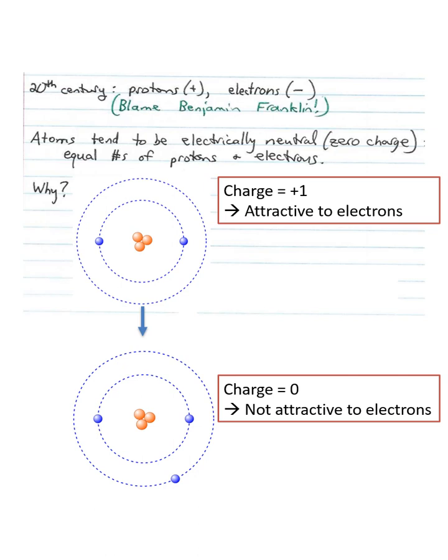So the amber, which Benjamin Franklin thought was deficient in electric fluid, what's really going on is when you rub it with cloth or wool, or you can even rub it in your hair, it actually picks up an excess of electrons. So it's not deficient, it actually picks up electrons. The glass, when you rub it, and we say you charge it, it actually loses electrons.